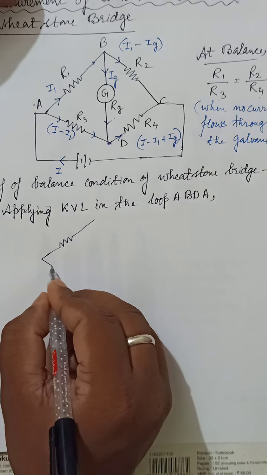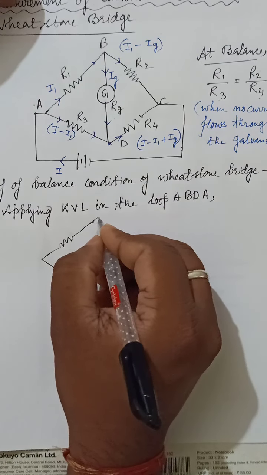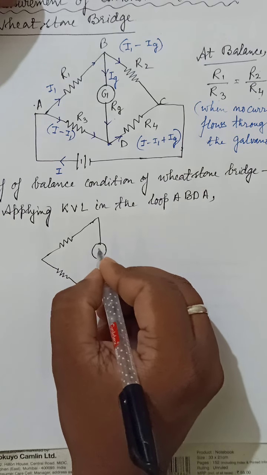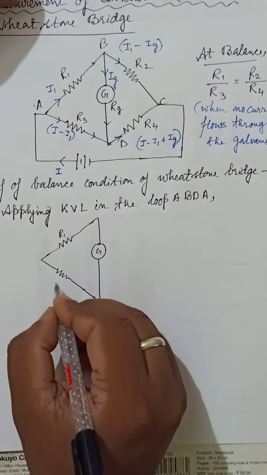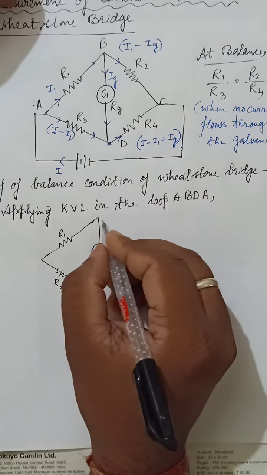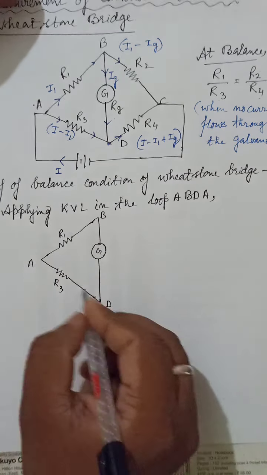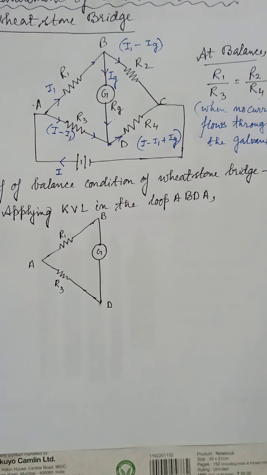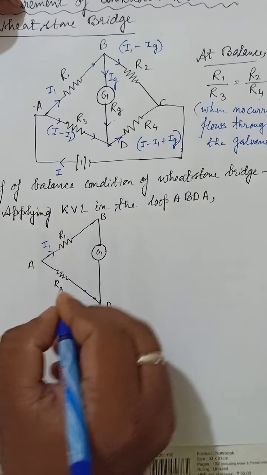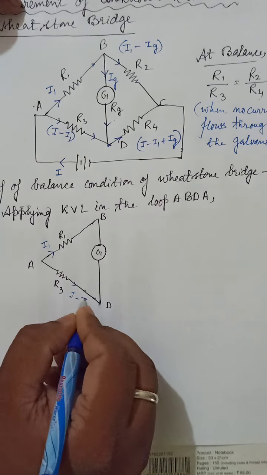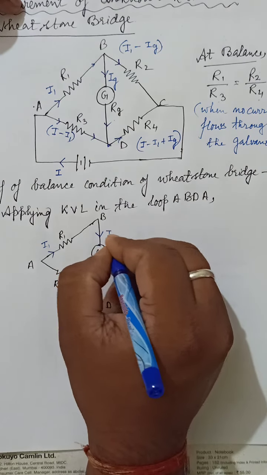If you are able to write the equation without drawing the loop separately, you can do that, no problem. This is the galvanometer, R1, R3, B, D, A. Okay, and let us give the directions of the current. This is I1, this is I minus I1, and this is Ig.